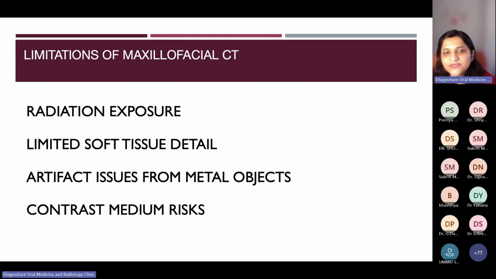So if we want to see the finer structures in a particular patient and he is having large crowns or full mouth crowns, it is very difficult to diagnose those lesions or to see those finer structures in patients with heavy metallic restorations. Contrast media risks, potential allergy or adverse reactions from contrast media should be considered when we are thinking of giving contrast agent in patients.